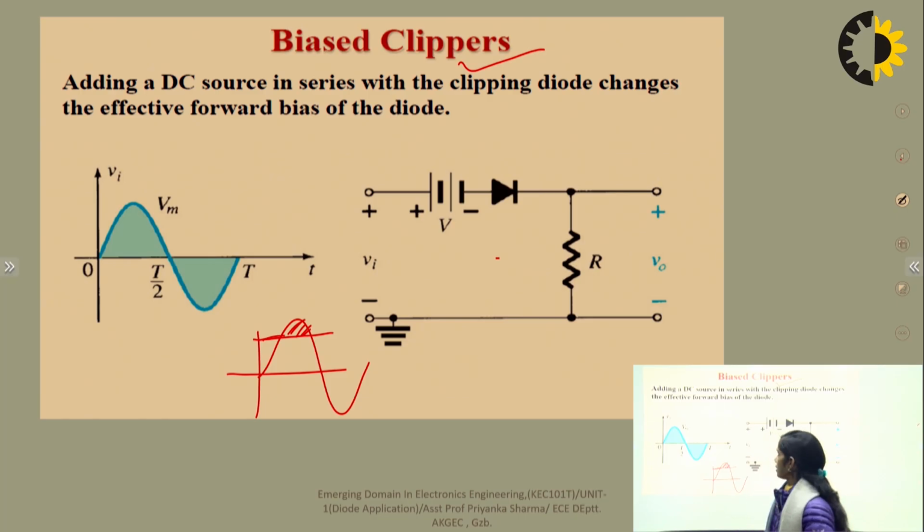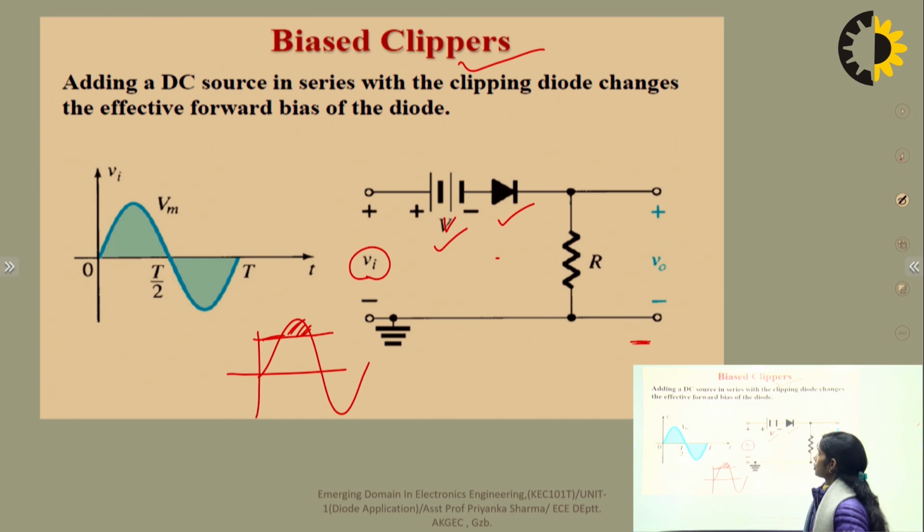In the circuit of the bias clipper, a DC battery is connected just before the diode. It can have any voltage, let's say V. The input voltage Vi can be of any type, sinusoidal, triangular or square wave, and a diode is connected here. This is called a biased series clipper.